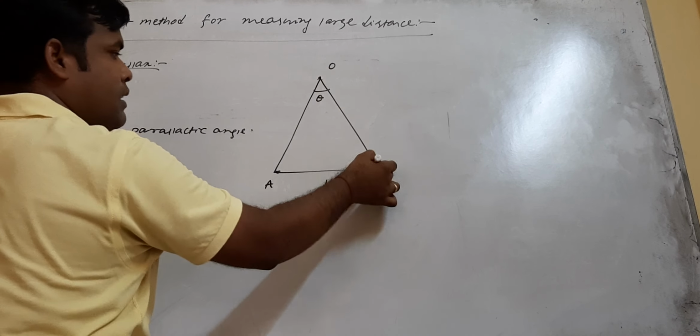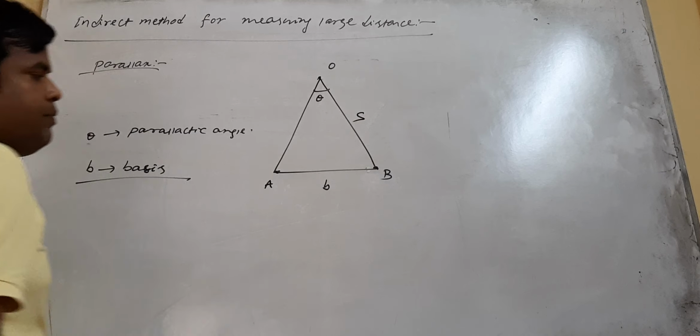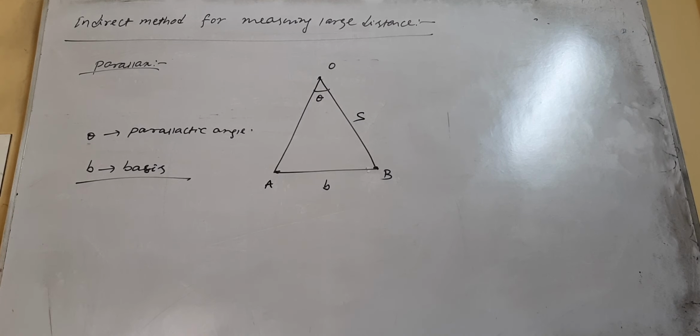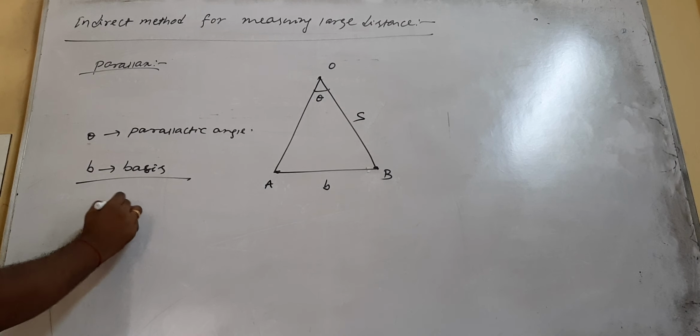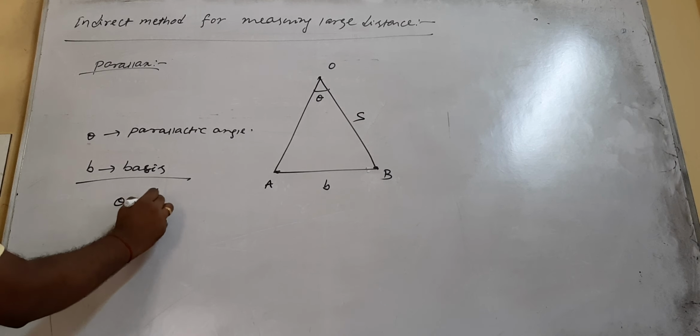Let the distance OP be S. Here you can use theta is equal to B by S. By using this formula, you can measure either one if the other two are given. If B and theta you have, then you can find S. If S and B you have, you can find theta.